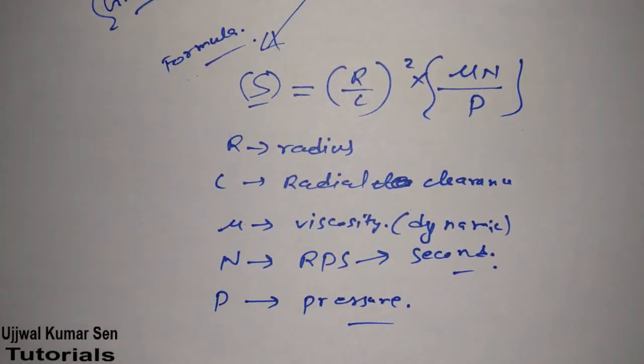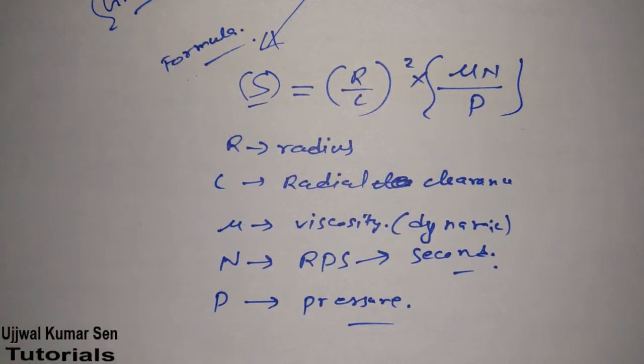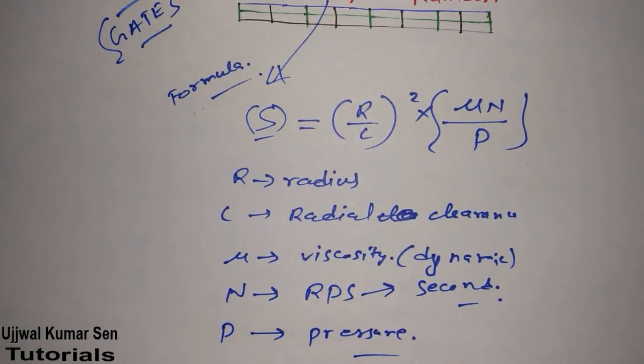So these are the things you need to know if you want to find out the Sommerfeld number quite easily. Within 2 minutes you came to know the formula for finding the Sommerfeld number. One more thing, this number is unitless.